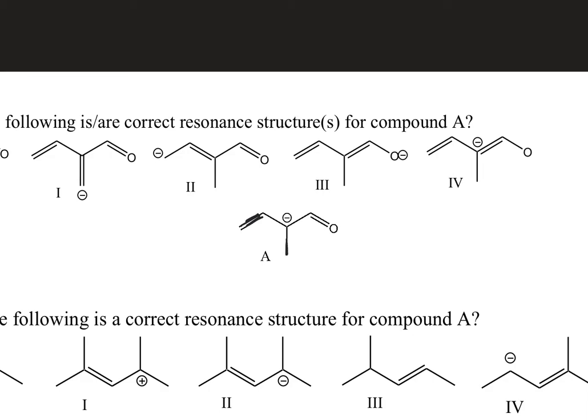Well, we have the lone pair, that negatively charged carbon right there. Those can go to the oxygen, or they could go to this carbon at the end. Either way, they're being pushed towards terminal atoms.